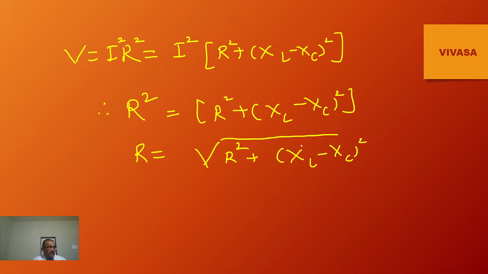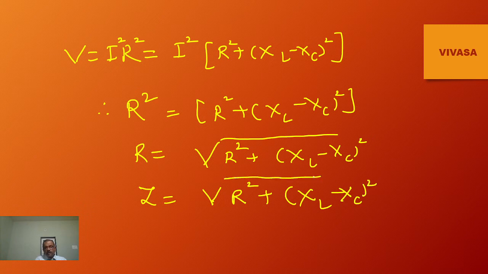The resistance can be obtained like this, that means finding V is equal to I into R. But this was AC resistance, and we can call it Z. Z is equal to the square root of R square plus (XL minus XC) whole square. It is called the impedance. Impedance is called the AC resistance now.